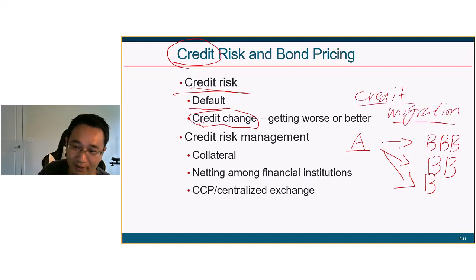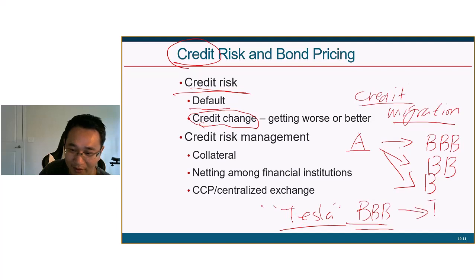This is very common. I think for Tesla as a company, I'm very sure they had a fairly good rating originally, and right now they are in the junk bond or speculative area. It's a credit shock.